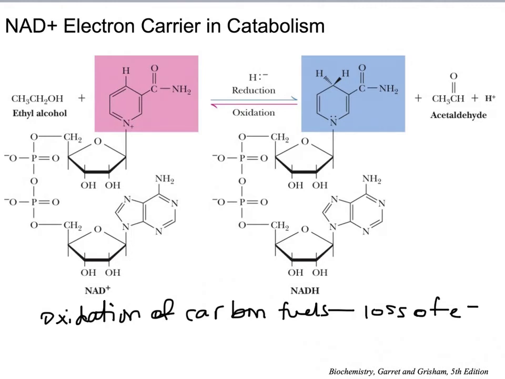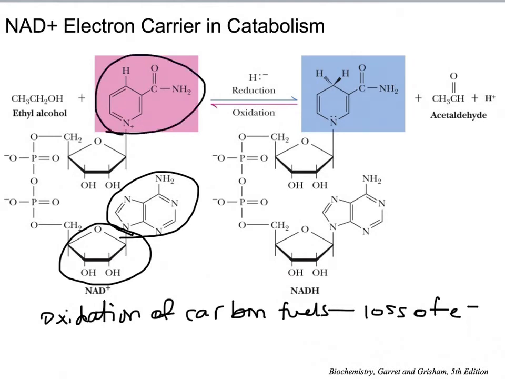So the first one that we're going to look at is nicotinamide adenine dinucleotide. So here again is the adenine. We have the ribose sugar. Okay. And here is your nicotinamide ring. This is your amide bond. Now, the reactive site is this carbon here.